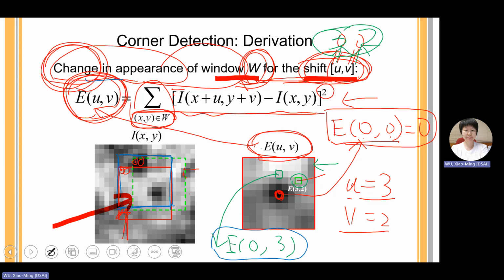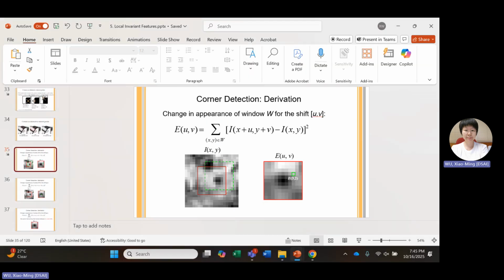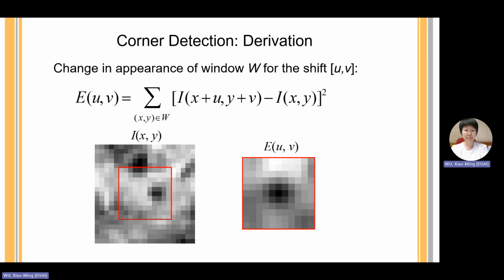This is a visualization of this function. Remember, we can compute any E(U,V) for any U and V. So this is the key function.